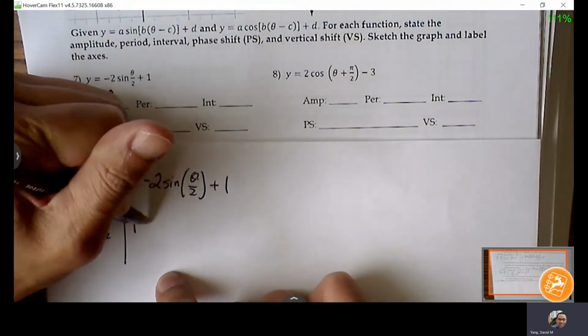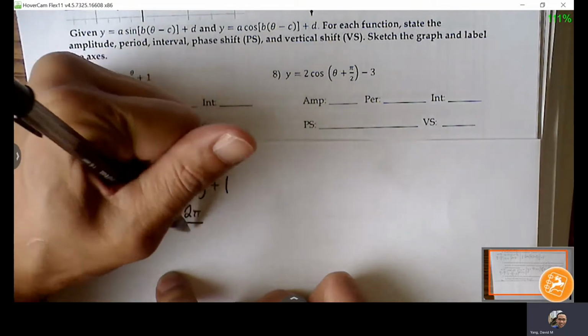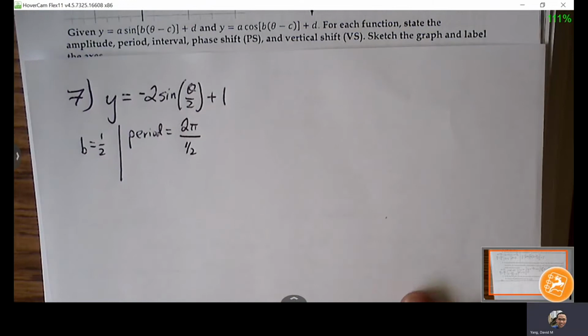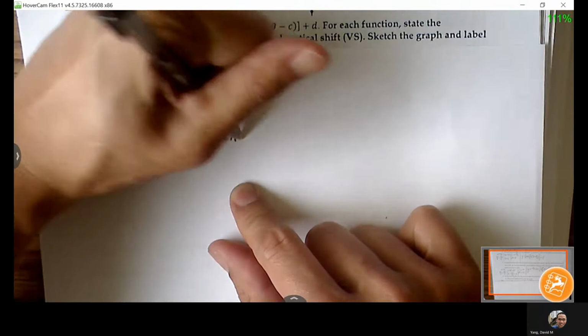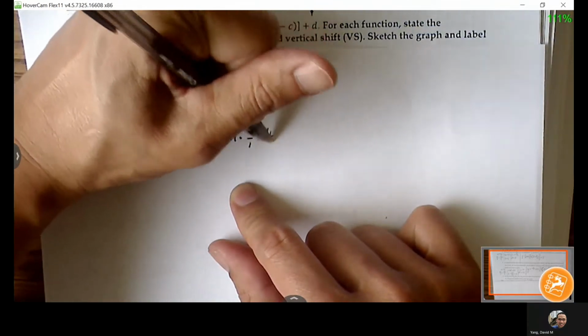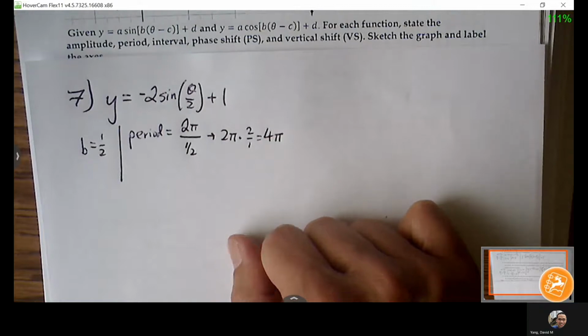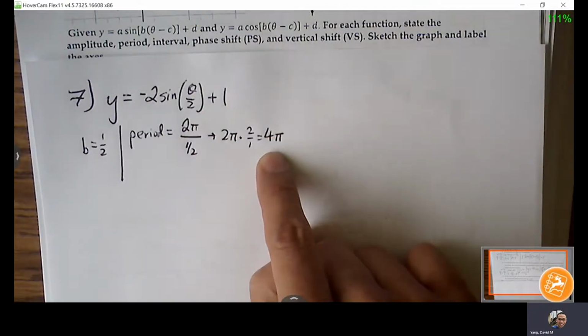Okay, so period 2 pi over our b value, multiplied by the reciprocal. Interval is our new period divided by 4.